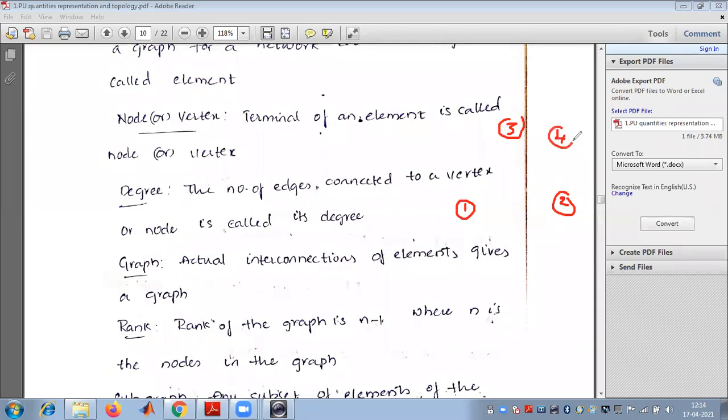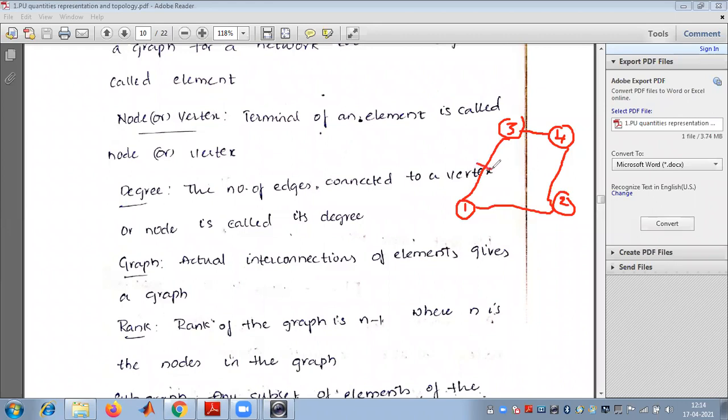Here I am assuming that 4 nodes, which are 4 vertices, have been connected. For 3 and 4 you have 1 line segment. For 1 and 3 you have 1 more line segment. For 4 and 2 you have 1 more, and for 1 and 2 you have 1 more line segment. So how many line segments are there?